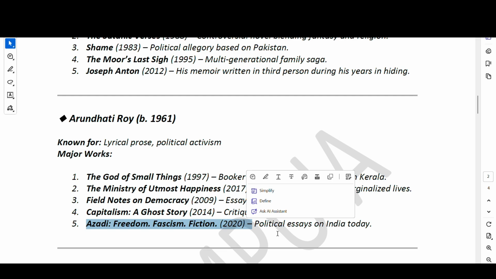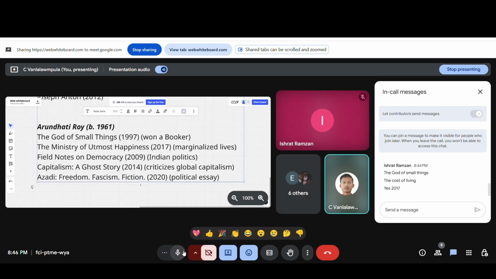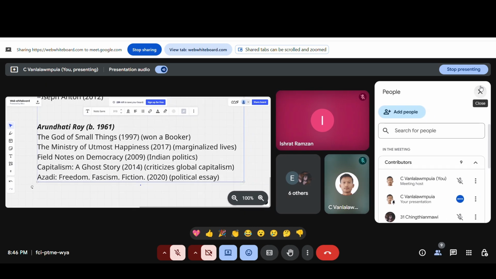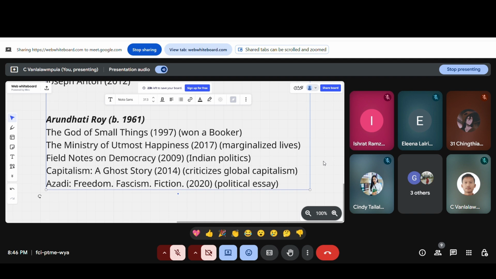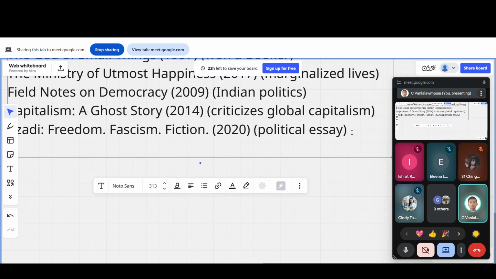It's still very new. It's a political essay. Okay, political essay. Let them sink in for like 10 seconds again. Let's move on. These are so important.